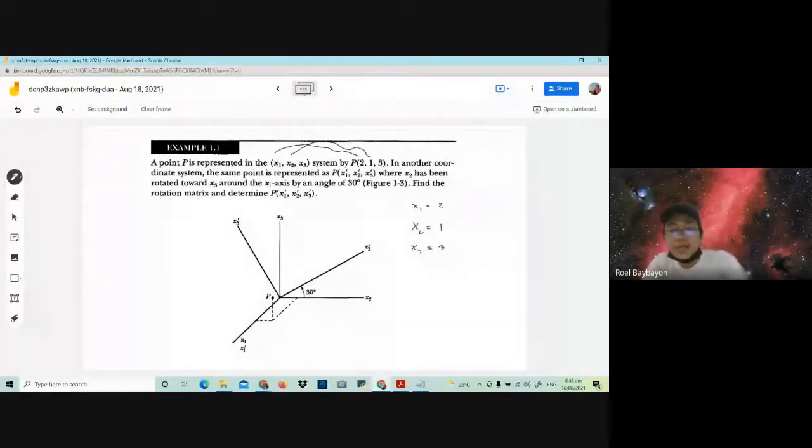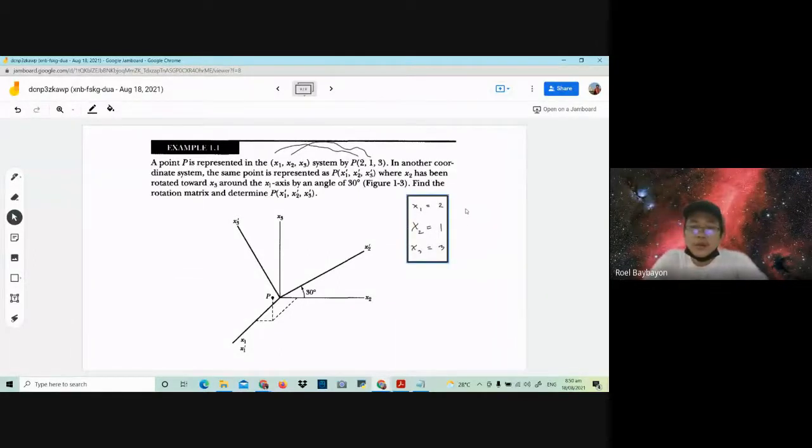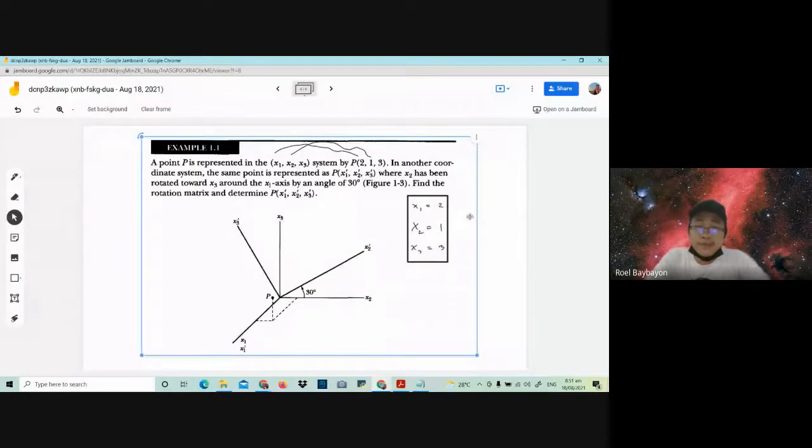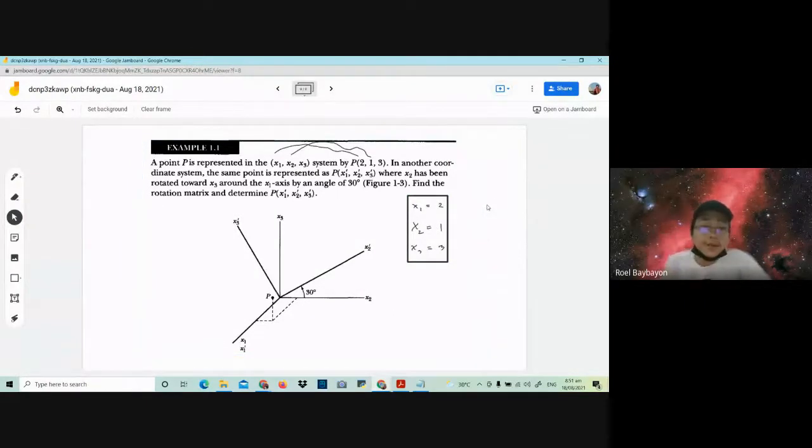So given na siya, no? Given ako ang x1, x2, and x3. Now, so this is in x1, x2, x3 nga coordinate system. Now, in another coordinate system, the same point is represented as x1 prime, x2 prime, and x3 prime.